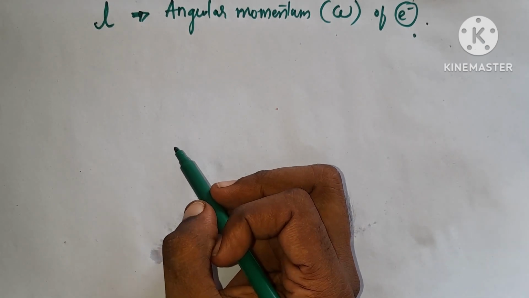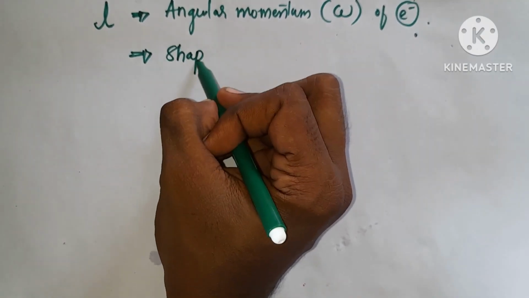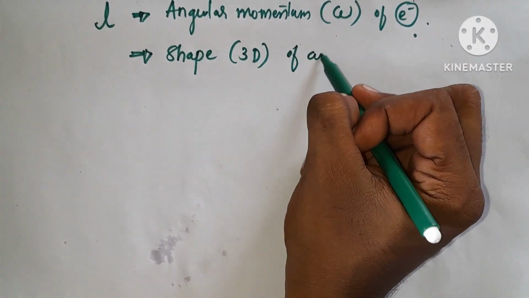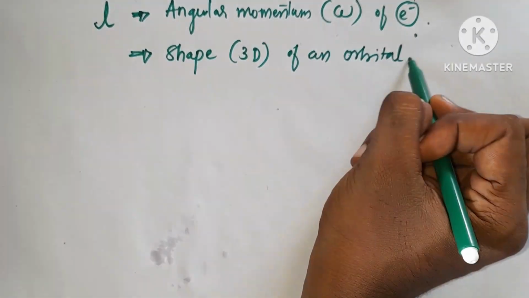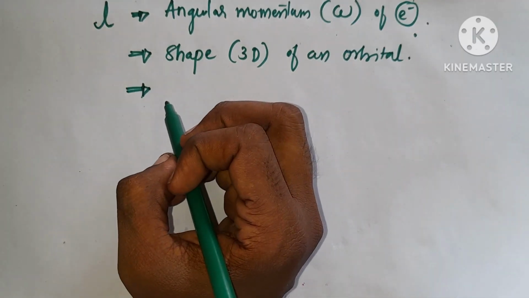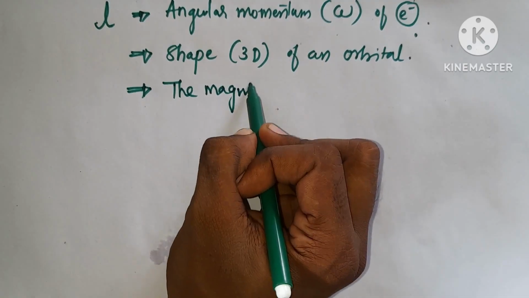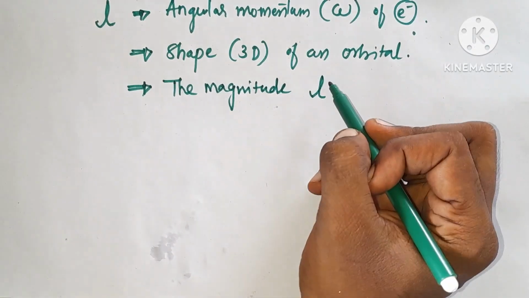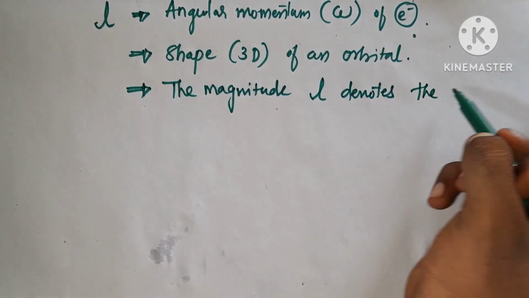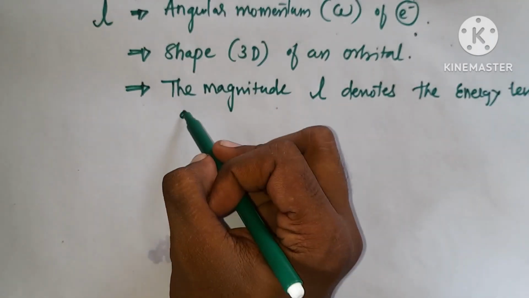The next is that it also gives the shape, the three-dimensional aspect, of an orbital. And the next significance is that the magnitude of L denotes the energy level of orbitals.